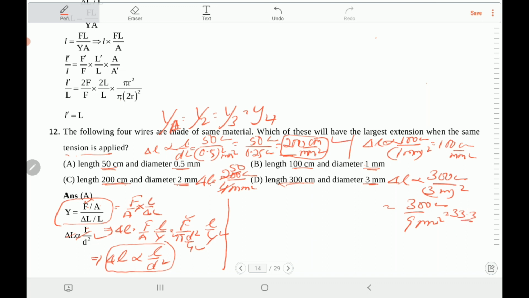Option A is coming around 200. So the ratio L by diameter square, which is the increase in length, is maximum for option A. Like this you have to identify. You go by the options for which the ratio L by d square is maximum, that is delta L. So this is how Young's modulus has been used in setting different types of problems.